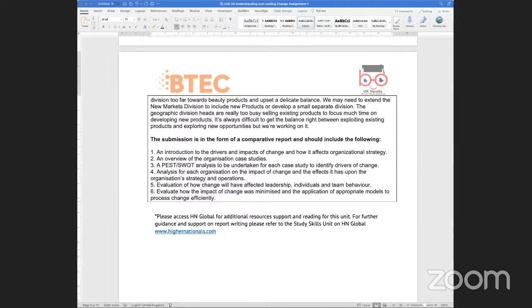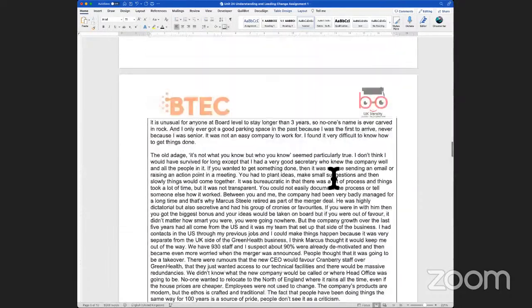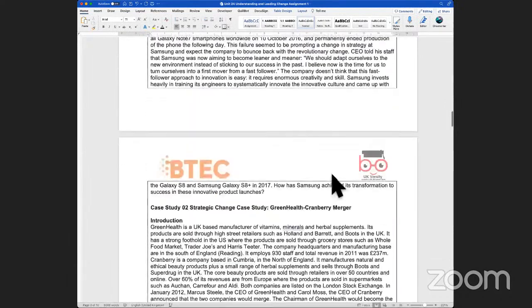So what I will do is, let me just put this across, and then we'll share my screen in a second. The second organization that we have is Green Health and Cranberry.